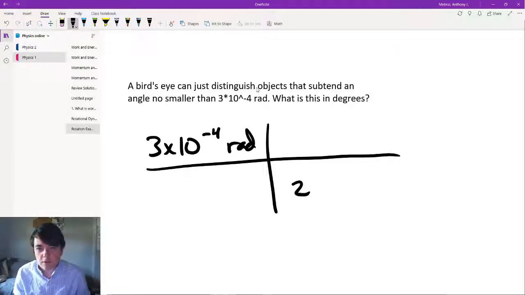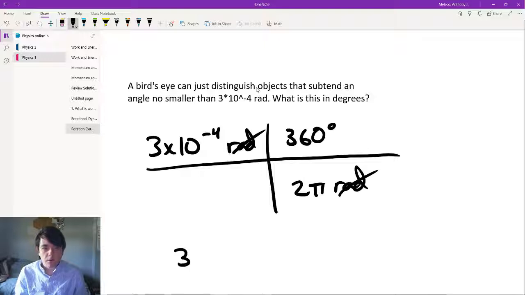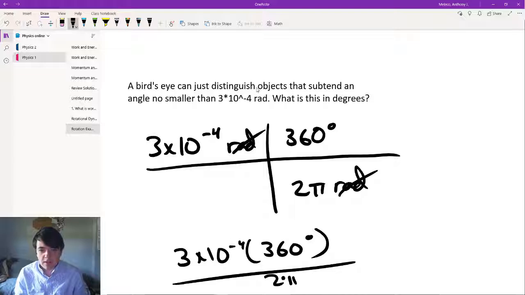We put that conversion factor in, but this time we have radians on the bottom and 360 degrees on top. That way we convert to degrees. So 3 times 10 to the minus 4 times 360 over 2 pi.